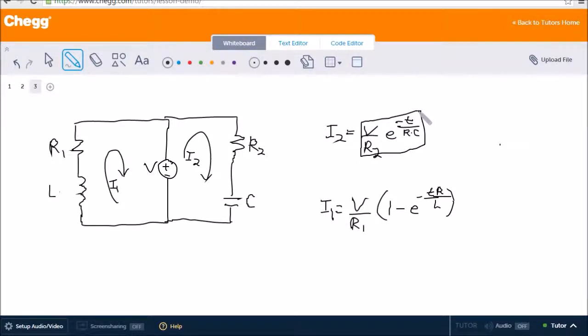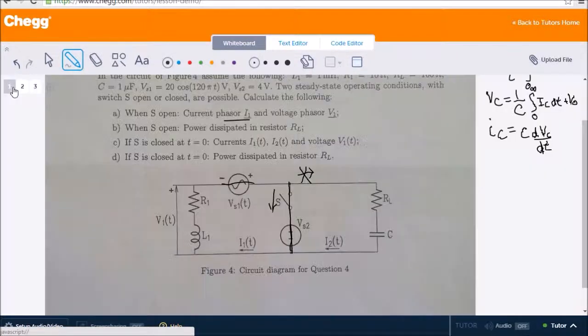Okay, let's go back here and look at what else we need. We need I1, I2, and V1. So if we need V1, we will need to use a different form.